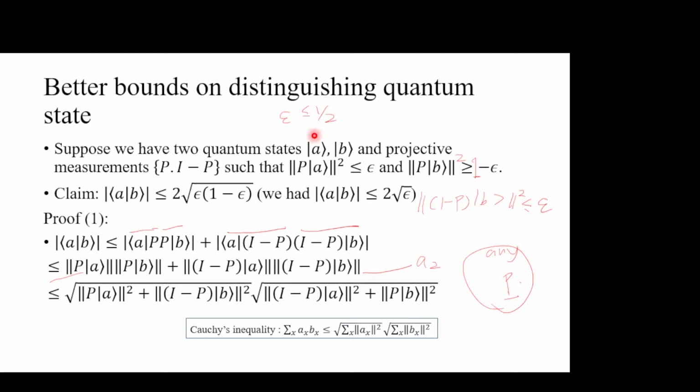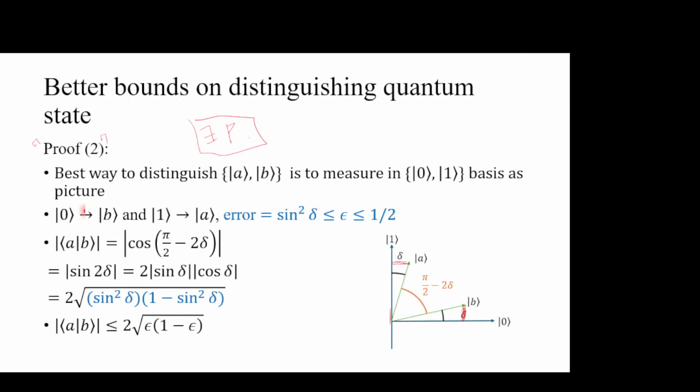If the distinction probability is less than epsilon, then the states are pretty far away. This actually proves something weaker, but it's still fun to see how we can distinguish two quantum states.